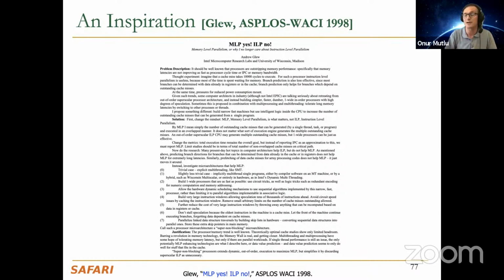We talked about memory level parallelism in the last lecture also. Remember, memory level parallelism was like cache replacement. That work was also inspired by this paper, I would say. And this paper essentially talks about a philosophy that describes why we should really be parallelizing many cache misses in our systems.